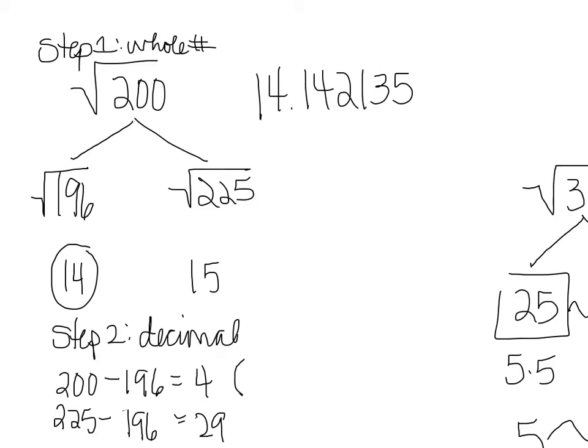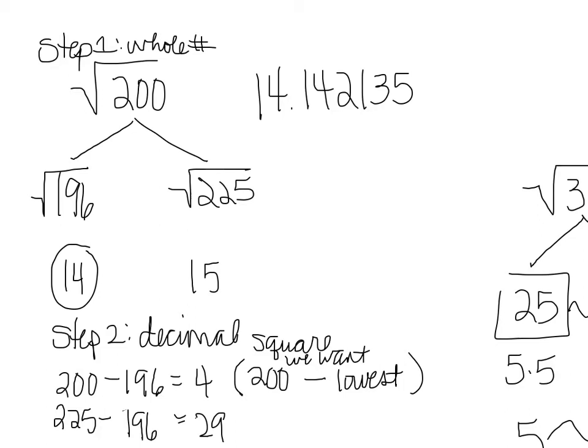Okay, so let me tell you what these are. 4 came from taking the square that we're interested in, the square we want, minus the lowest. So step 1 is to take the square you want, which is 200, minus the lowest estimate, which is 196. That's your first step.